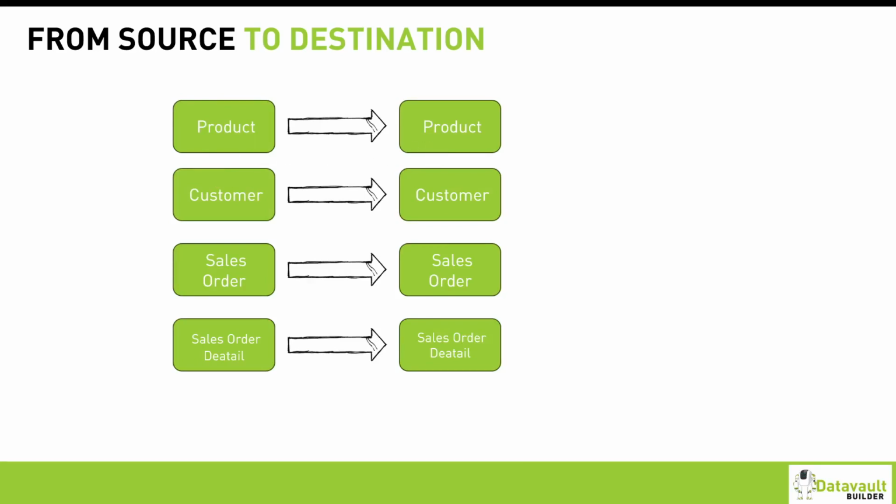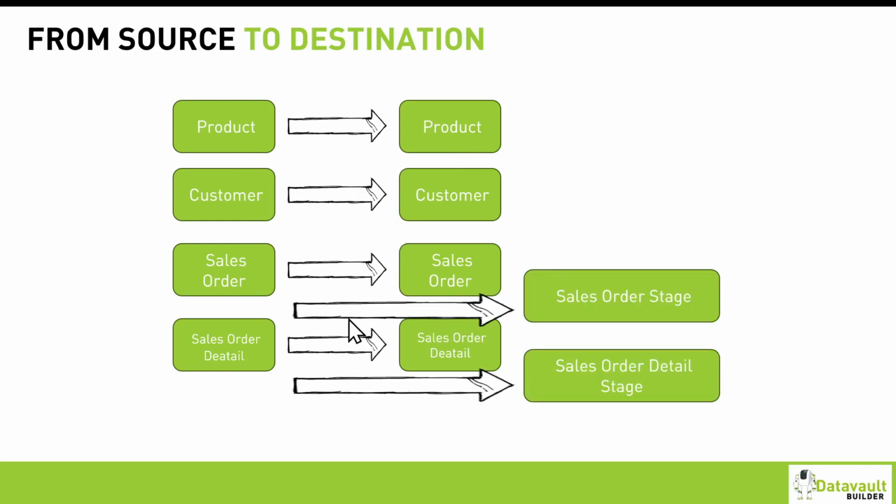We need to remove the measures from this object and put them into the bridge, but let's go step by step: product to product, customer to customer, sales order to sales order, sales order detail to sales order detail. The next step is we created the stages, and the stages contain the relations of these objects to the different layers. For the sales order stage, it means that it relates only to the customer.